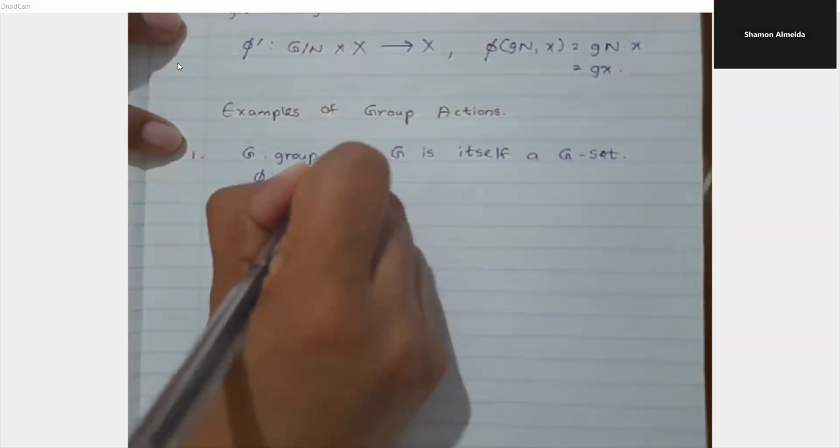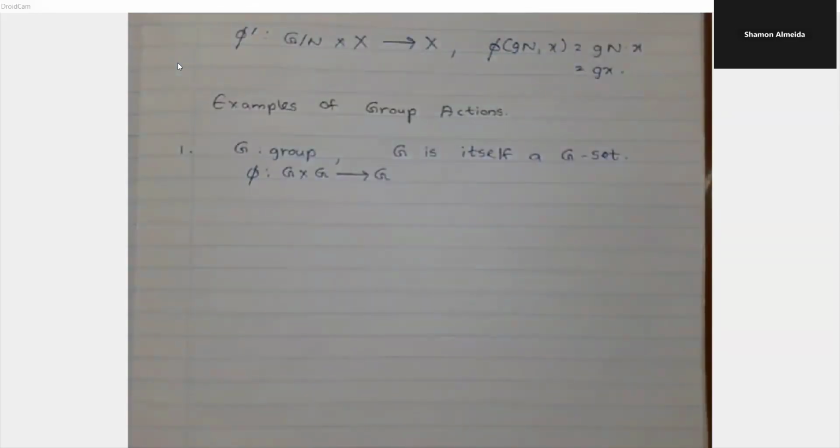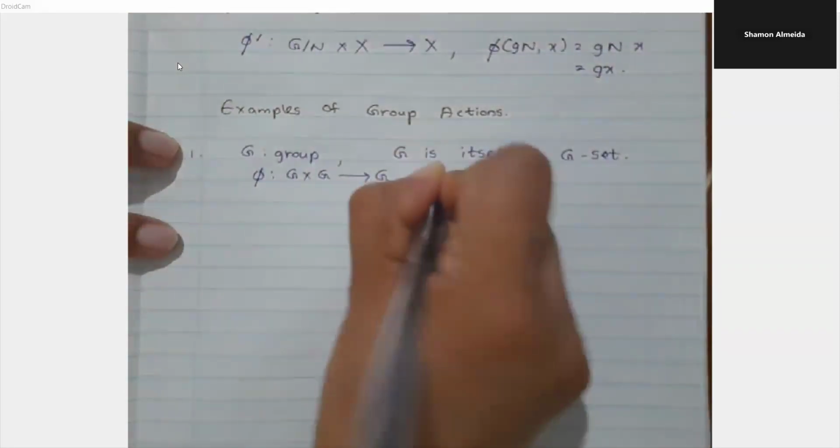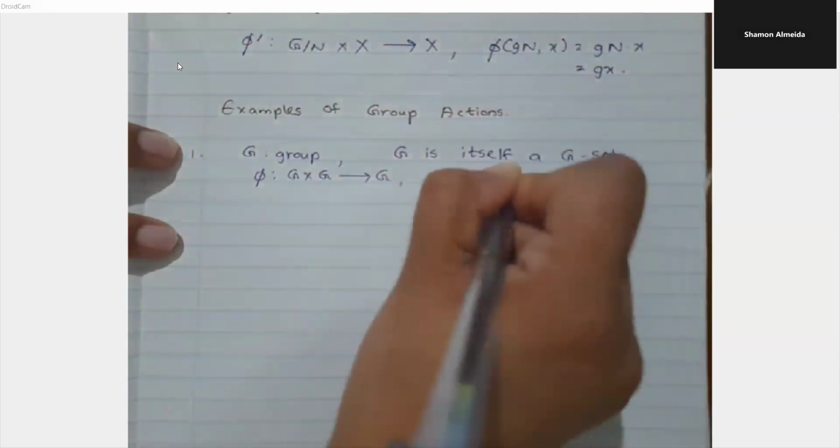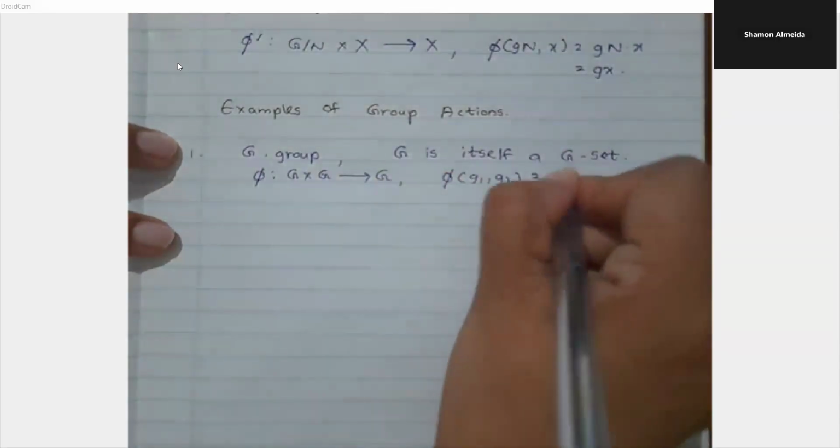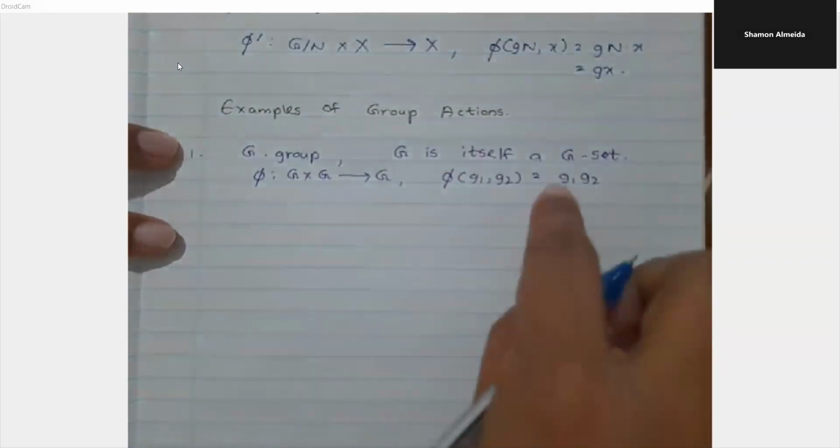Something very similar, right? We've seen this sort of function before when we defined the binary operation. How do we define this? Take g1, g2, and we simply consider this to be the product g1 g2.